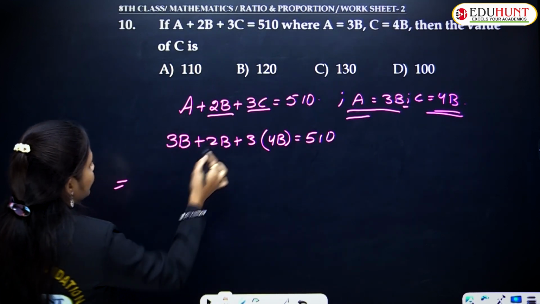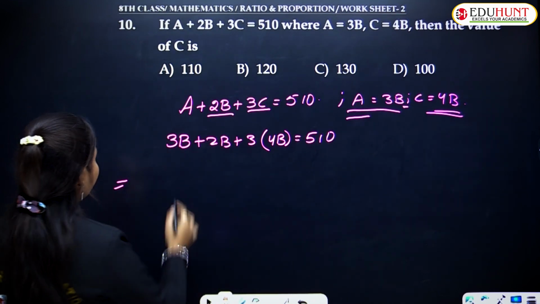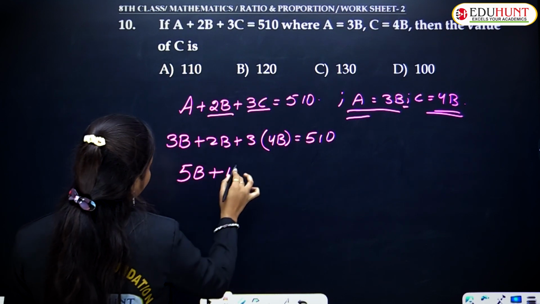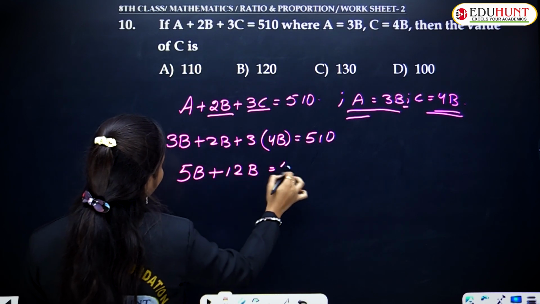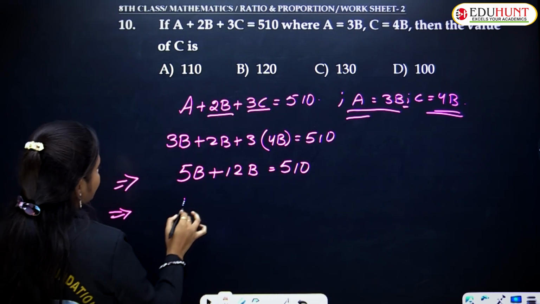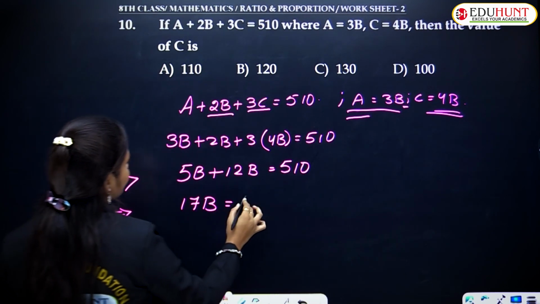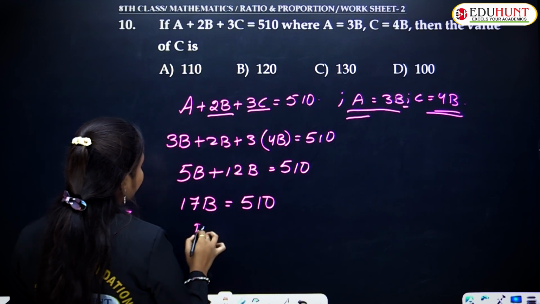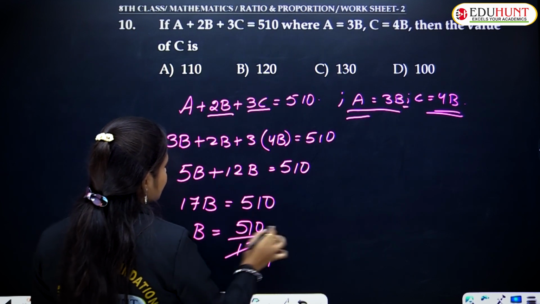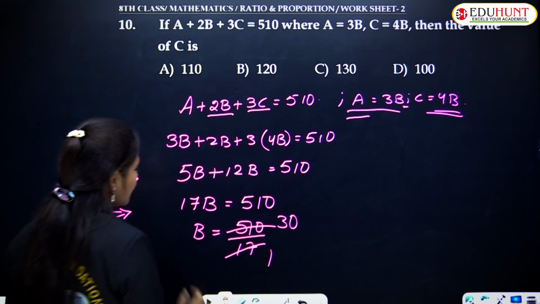And here 3 plus 2 is 5, so 5b plus 3 fours are 12, so 12b is equal to 510. And here 5b plus 12b is 17b is equal to 510. B is equal to 510 by 17. 17 threes are 51, so 30.